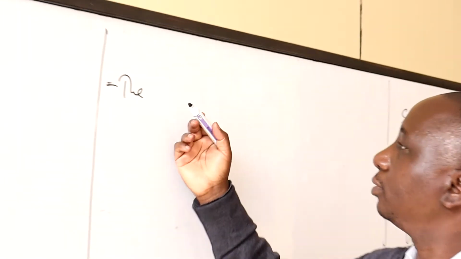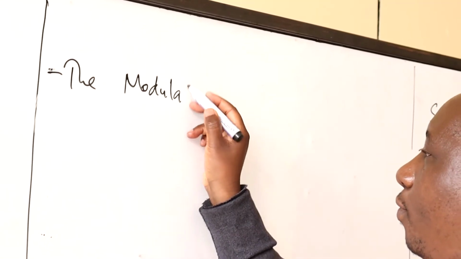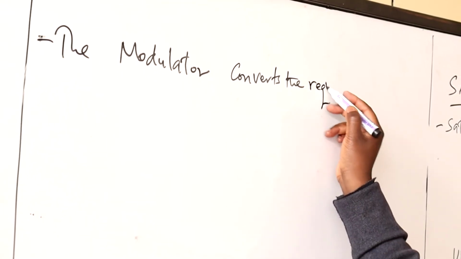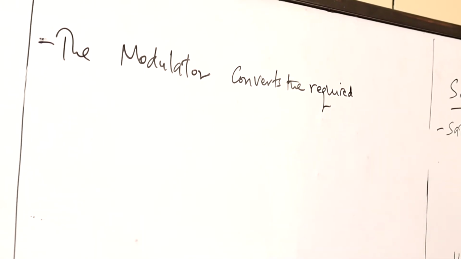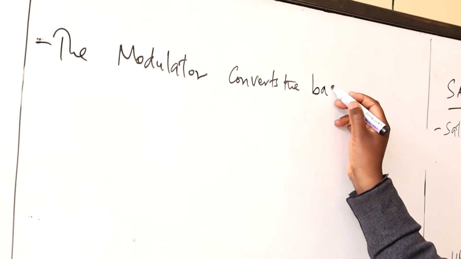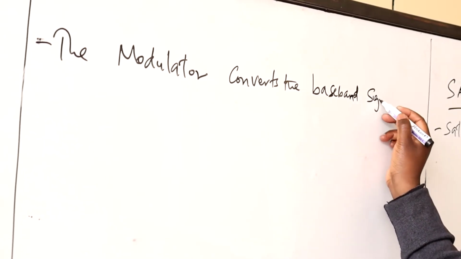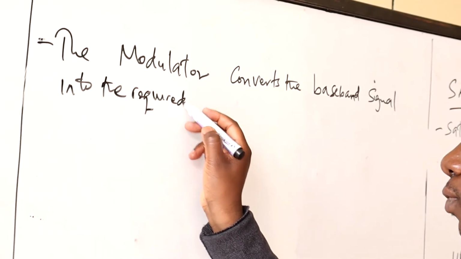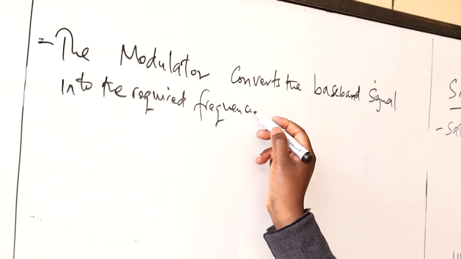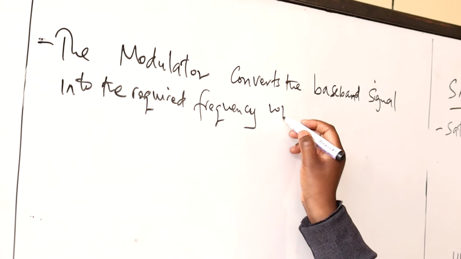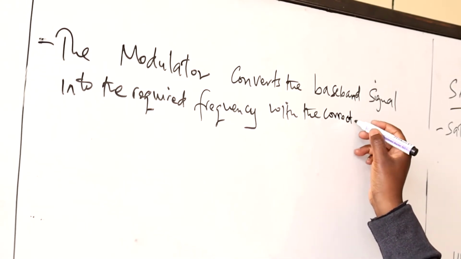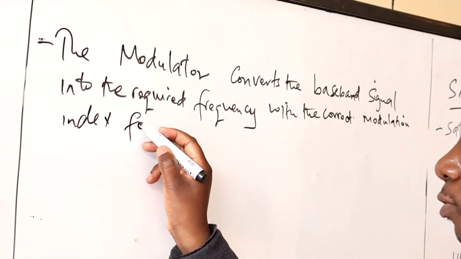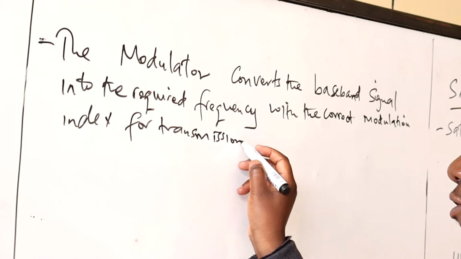So, the modulator converts the baseband signal into the required frequency, with the correct modulation index for transmission.